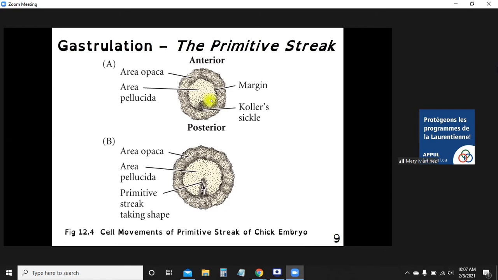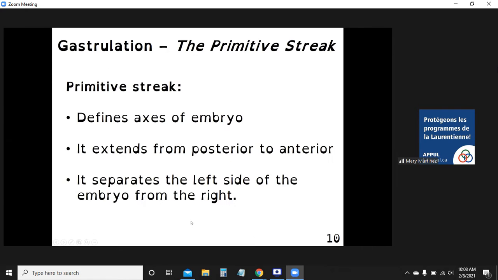Now, it moves very, very slowly, and as we're going to see in the next couple of slides, it's also going to have other types of movements. So it migrates posterior to anterior, traversing this area pellucida, okay, and this is the area opaca. Opaca is always on the outside, okay. This is something that you're going to be looking at in the lab slides, okay.